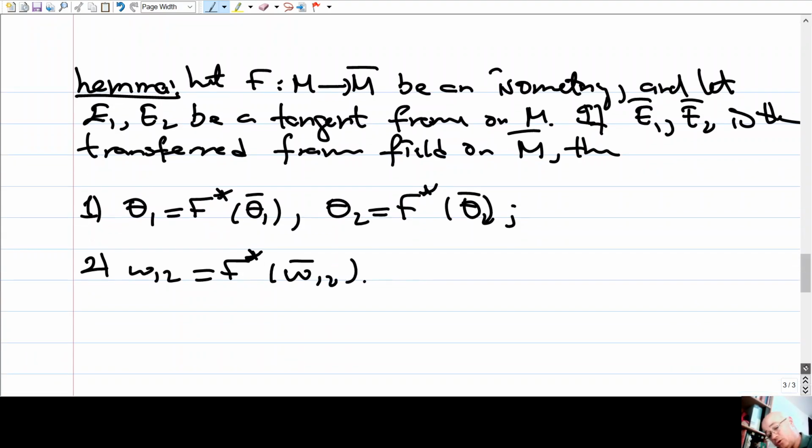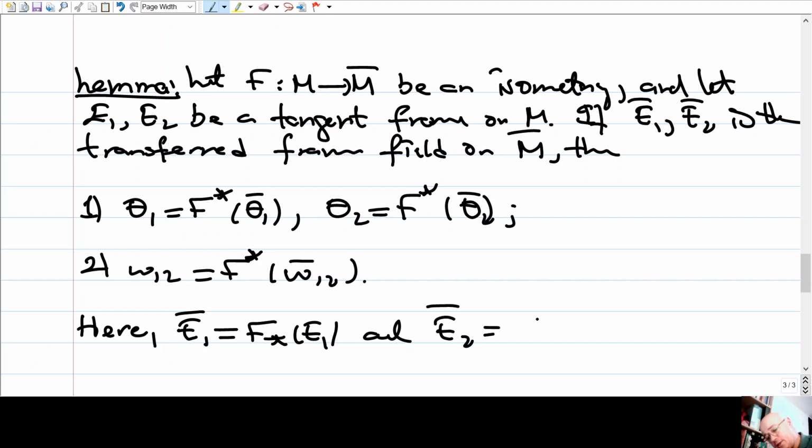Here, of course, by the transferred field, we mean this. E1 bar is just f star E1, and E2 bar is f star of E2. So you transfer this frame by the isometry, and you compute the dual forms and connection form with respect to this transferred frame.